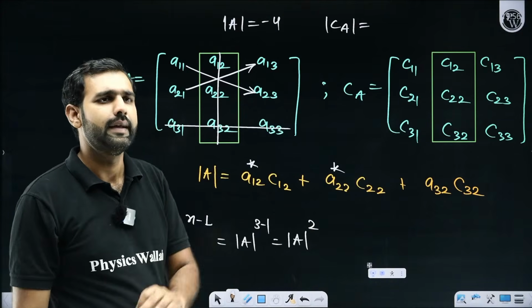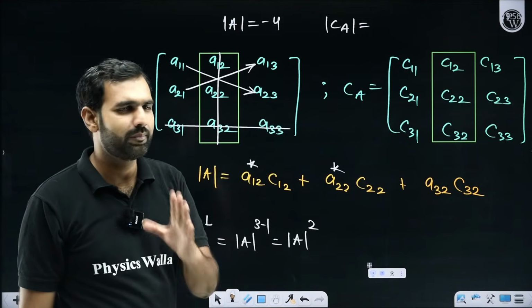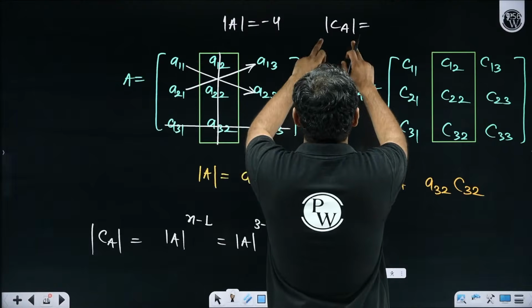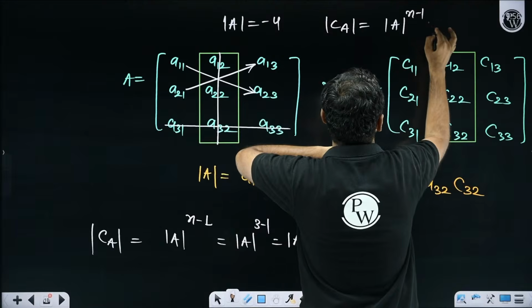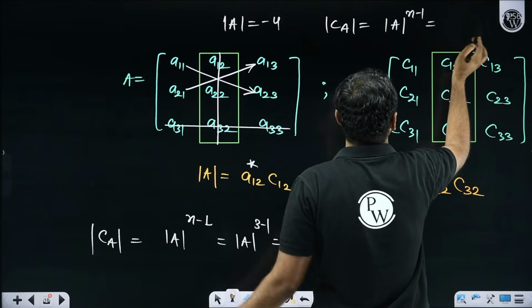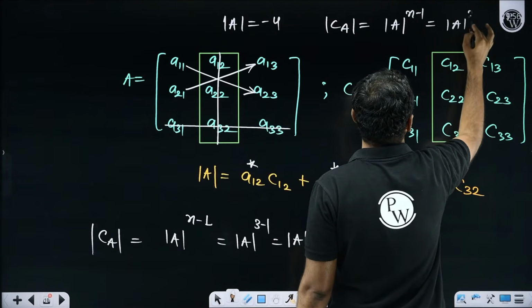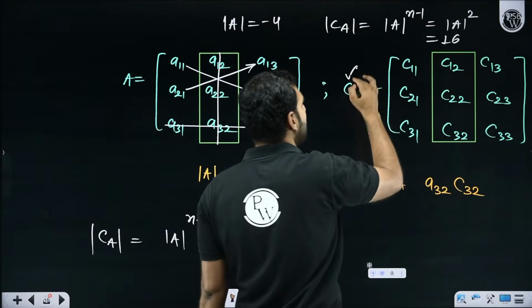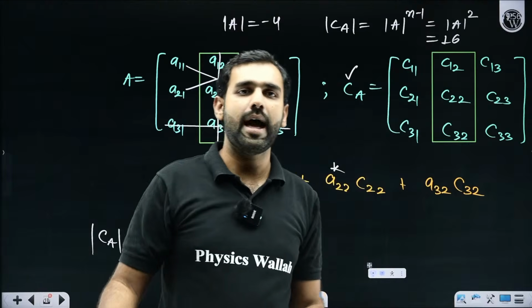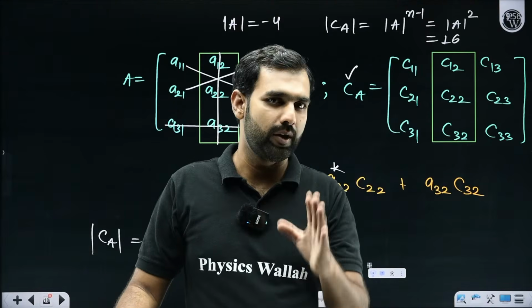Will you not say that, sir, the formula suggests a very simple conclusion that this will be equal to determinant of A raised to the power n minus 1. n is 3 in our case. 3 minus 1 is 2. So it is determinant of A to the power 2, minus 4 to the power 2 is 16. So the determinant of this matrix will be 16. Is it not absolutely simple, easy, and doable?